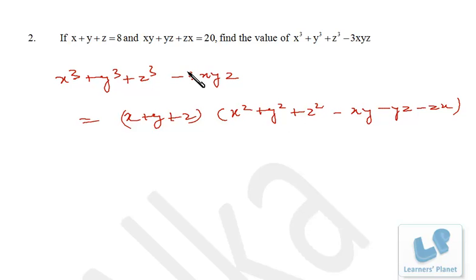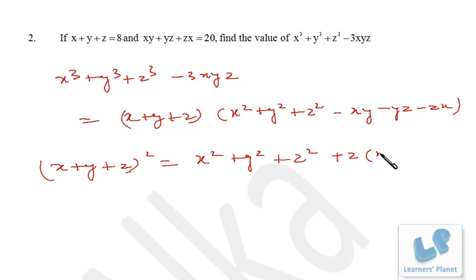So first of all, what we have to do? We have to find out the value of x square plus y square plus z square. Now how can we do that? See, x plus y plus z whole square is what? It is x square plus y square plus z square plus 2 times xy plus yz plus zx, right? So from this expression we can find out the value of x square plus y square plus z square.